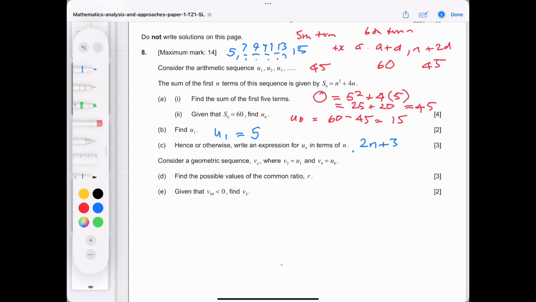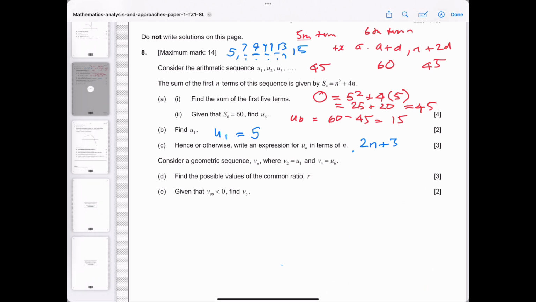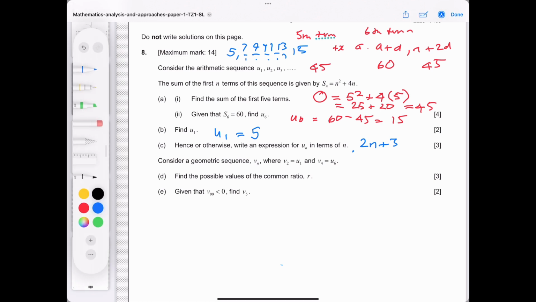Now the next thing that we need to find out is, considering a geometric sequence, so what colour should we use for geometric? Green. It says Vn, where V2 equals U1. So we know that V2 equals 5. And we know that V4, the fourth part of the sequence, equals U6, which is 15.